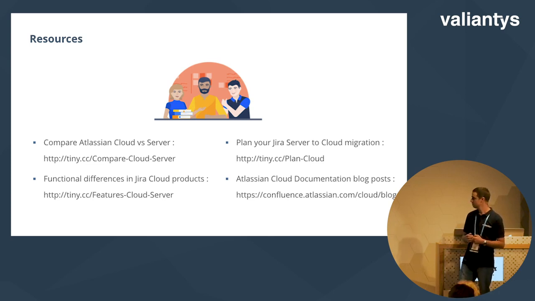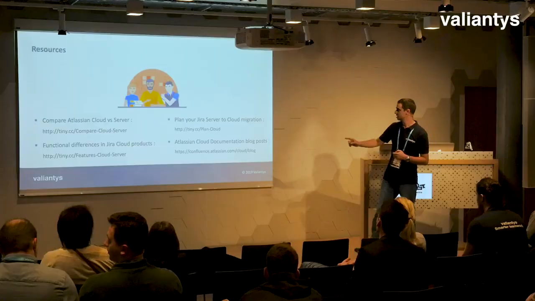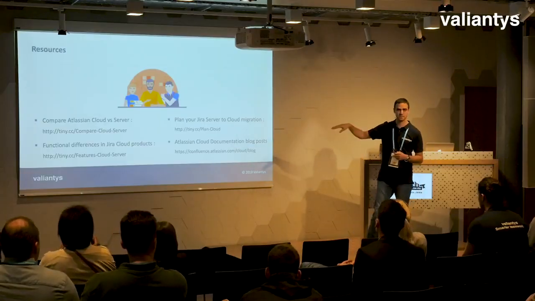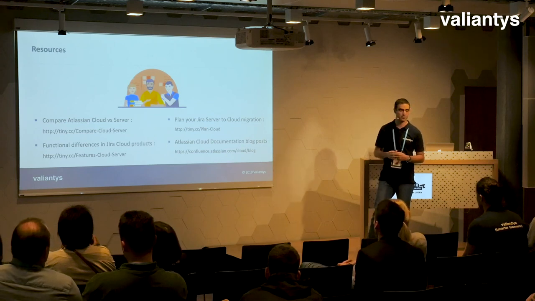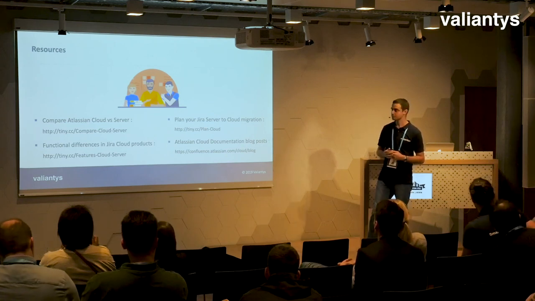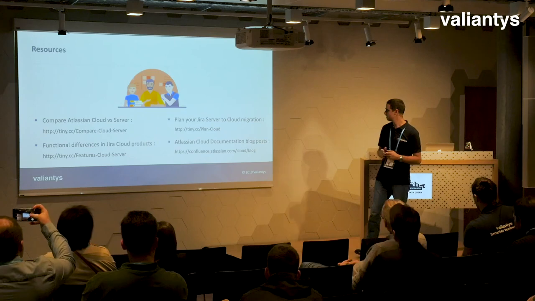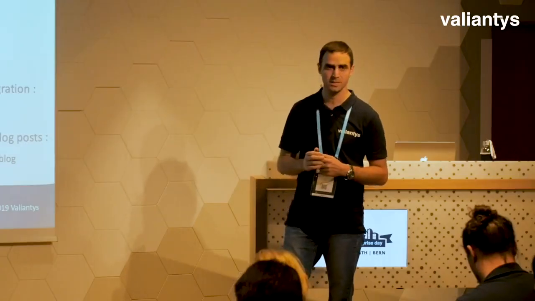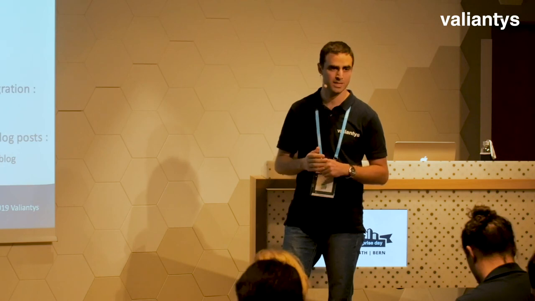If you're planning to do a cloud migration, this link will give you the image I had before, these 6 stages, but in a lot more detail that will help you to plan your migration. And then finally, there's the Atlassian blog on the cloud, where you get all the updates and the latest news on what's happening on the cloud as well.